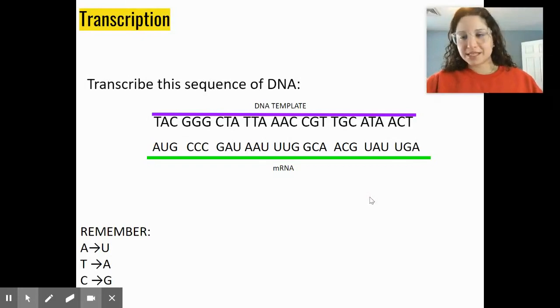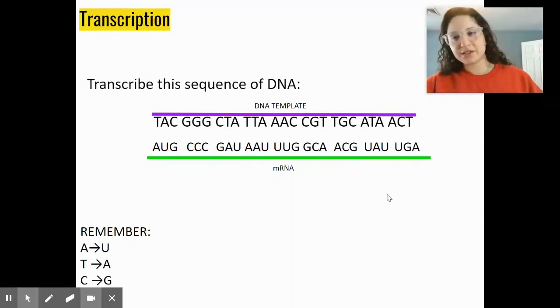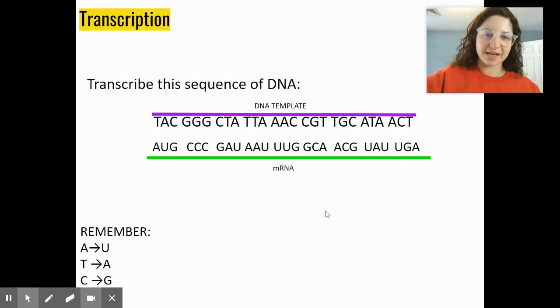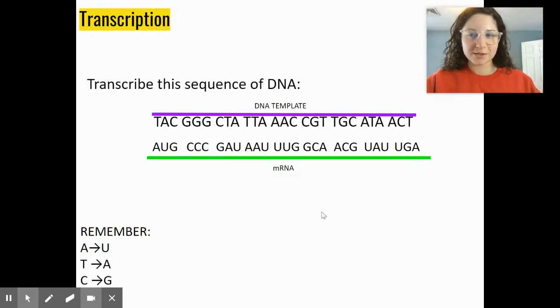So again, please compare what you had on your paper to what you see on the screen. Please make sure you are understanding how to transcribe the sequence of DNA. You will be getting some more practice with this later on. Wink, wink, nudge, nudge.